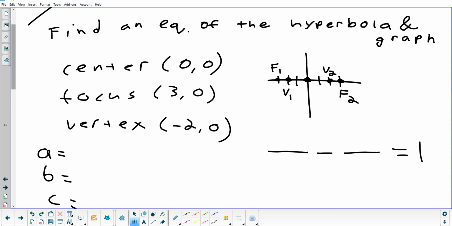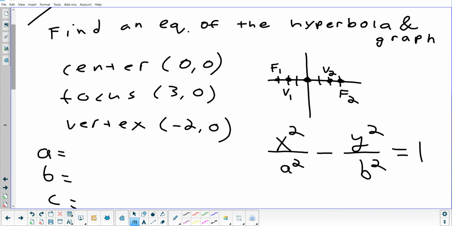What goes in the first denominator always? A squared. Second denominator? B squared. Okay, so every problem starts like that. Now you choose where to put the x squared and the y squared. We want it to go horizontal, so we're going to put the x squared there and the y squared there. So that's your equation. Questions on the equation?